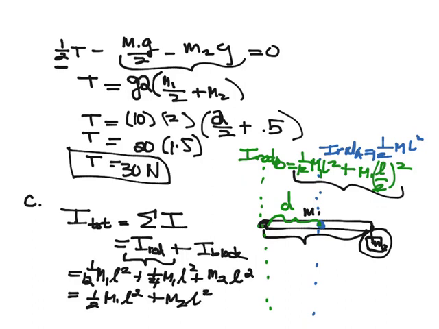I'm going to factor out the L squareds, so I have L squared times 1/3 m1 plus m2.